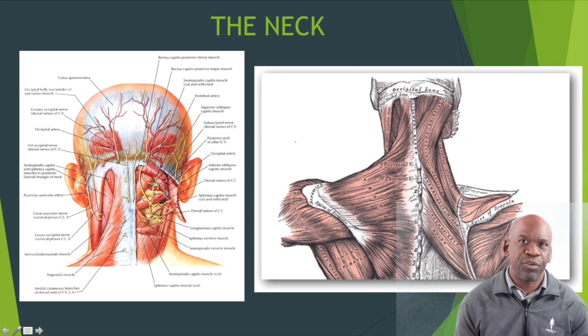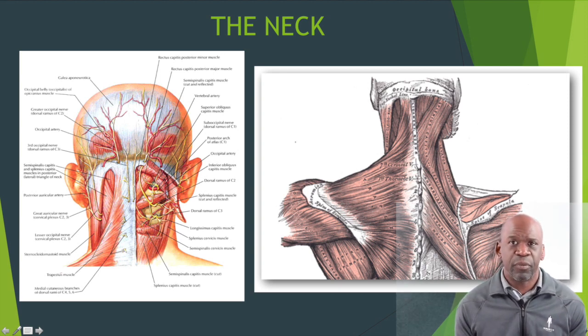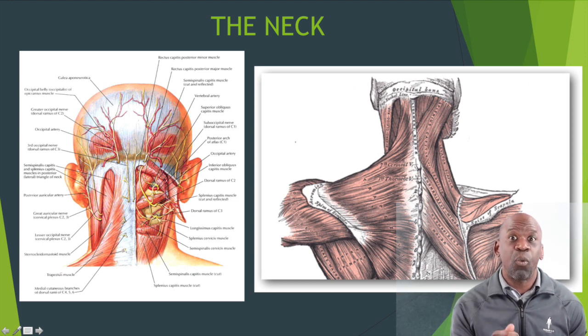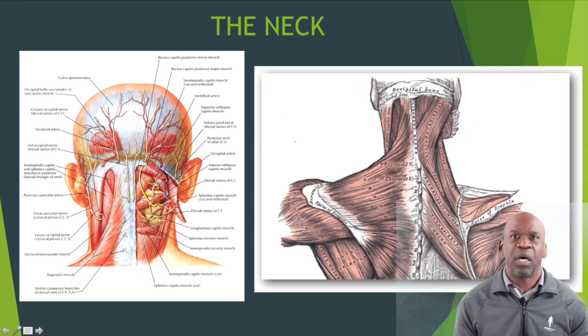If I were to hand you a bowling ball stuck on the top of a broom handle and ask you to hold that in one hand, you would find that it would be much easier to hold the bowling ball in position if it were positioned directly over top of your hand. However, if I asked you to move that bowling ball away from the base or away from your hand, you would see that the more you brought that bowling ball away from the base and away from your hand, the more difficult it would be to hold that bowling ball upright.